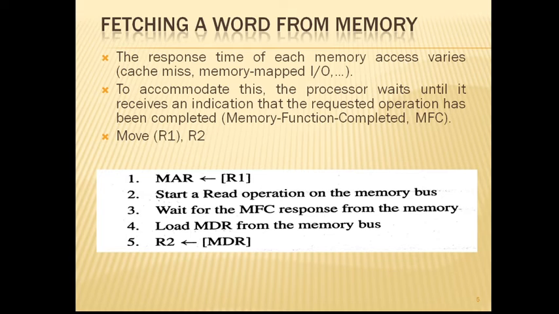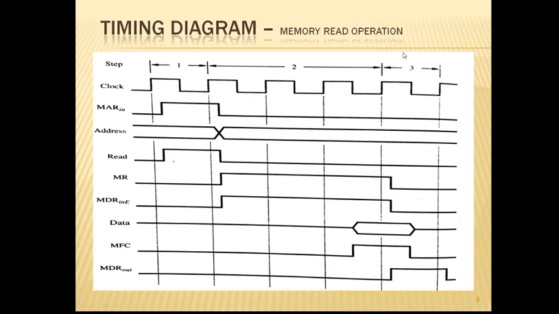It is a timing diagram for a memory read operation. When a new address is loaded into MAR, it will appear on the memory bus at the beginning of the next clock cycle. Then a read control signal is activated at the same time MAR is loaded. So whenever MAR is loaded, the read control signal will be generated.